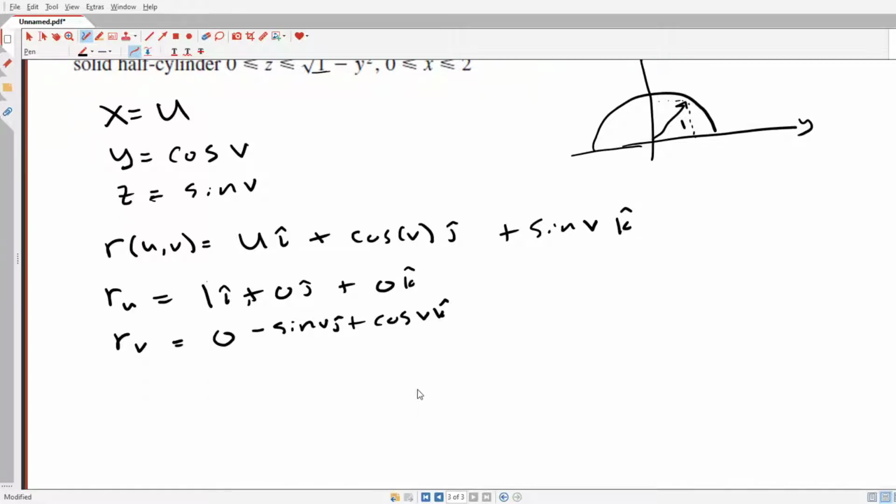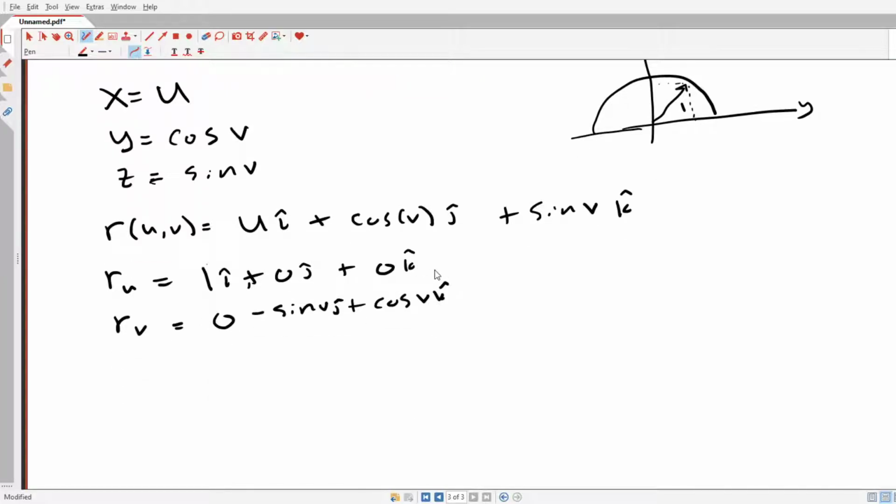Now I do the cross product to get the normal. I have 1, 0, 0 and 0, minus sine v, cosine v.